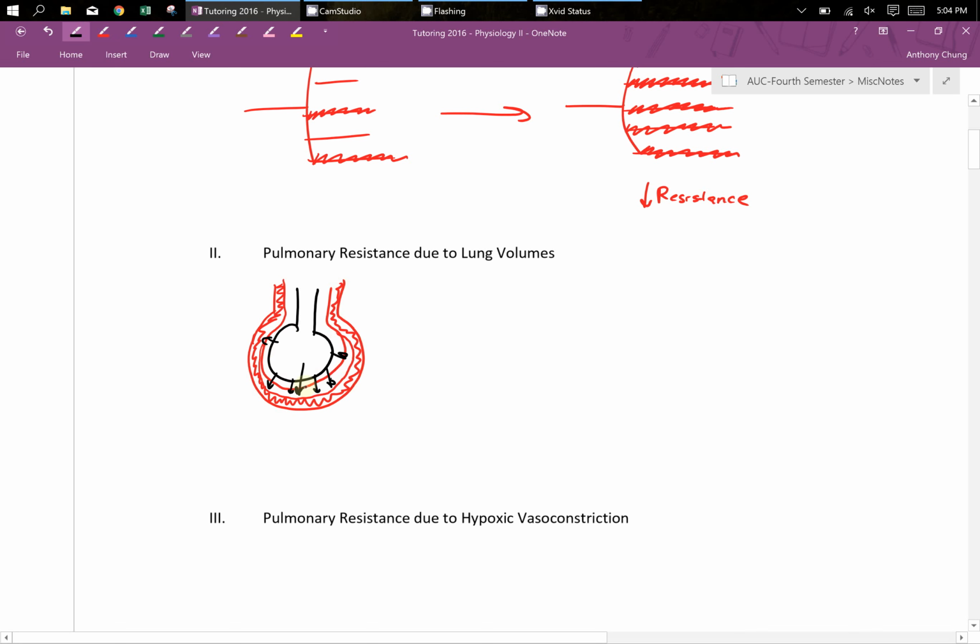It increases, because your alveoli gets really big and starts to compress those blood vessels. Resistance is about how easily blood gets through your blood vessels. So this is what happens in high lung volume.